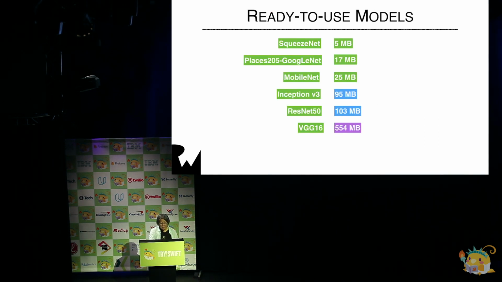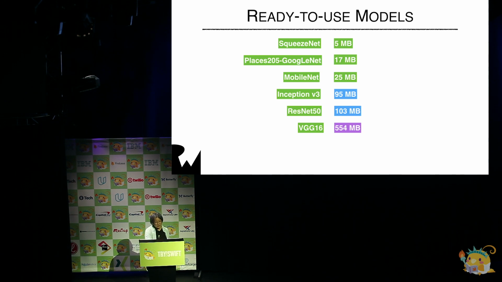Okay. The first thing Apple provided with CoreML were these 6 ready-to-use models. But these models were designed for back-end inference. When you're going to add a model to your iOS app, size matters. So these 3 are relatively small, 5 to 25 megabytes. These 2 are around 100 megabytes, and VGG16 is 554 megabytes.